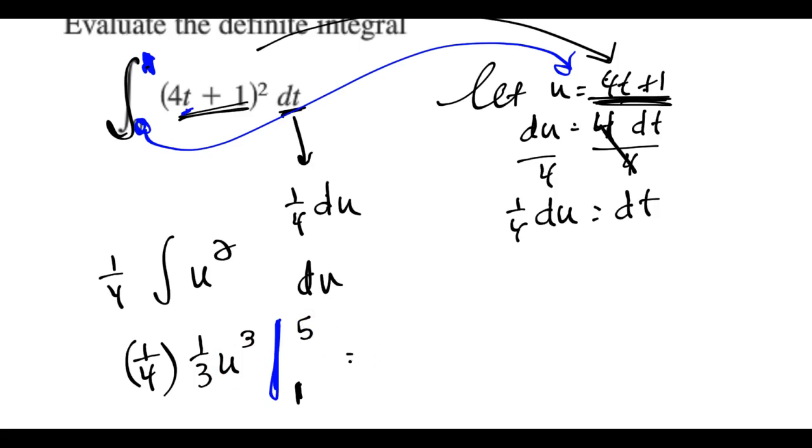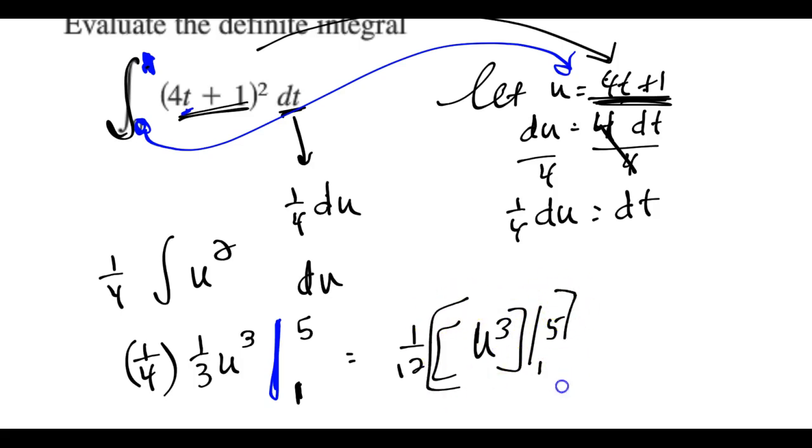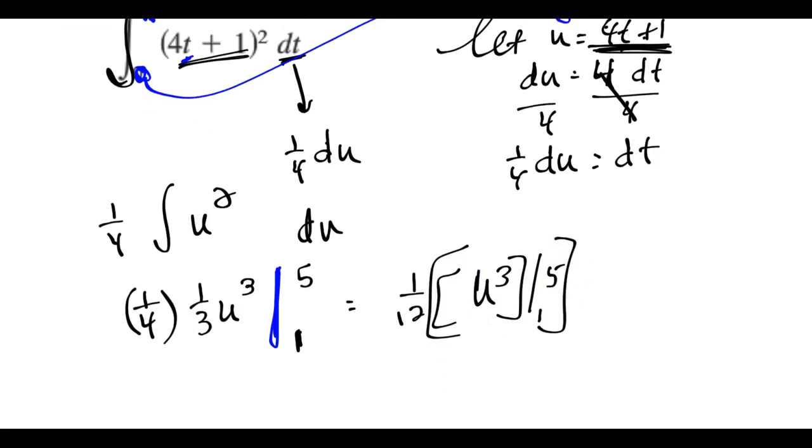So you could evaluate this thing between, in fact, if you wanted to, this is 1/12 times u cubed evaluated between 1 and 5. So that 1/12 just kind of hangs out front. Might be the easiest way to do it.